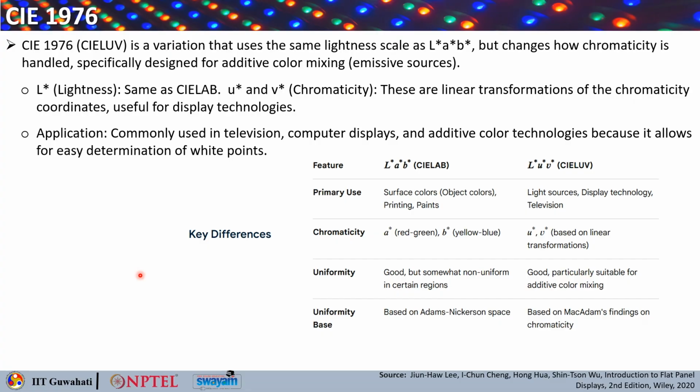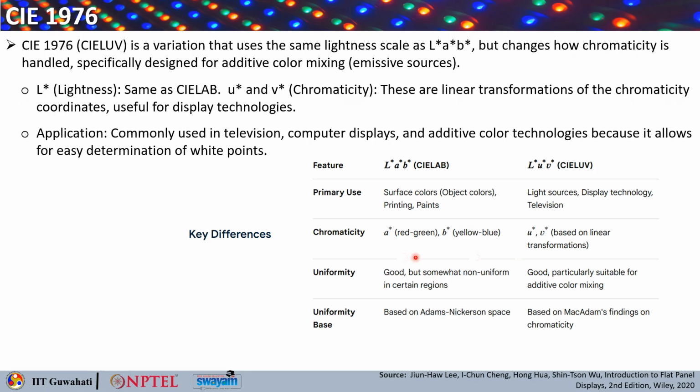If you put the two systems side by side and try to highlight the key differences, this is your CIE LAB and this is your CIE LUV. The primary usage here is surface color. It is used for object colors, printing and paints. For light sources and display technologies, television, people use this other system.